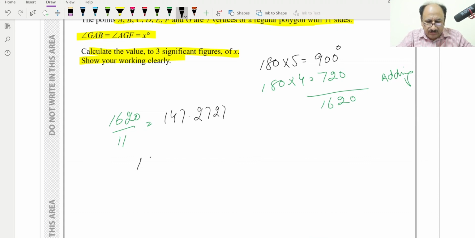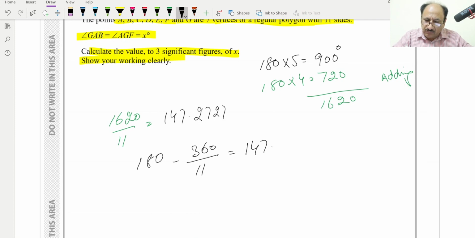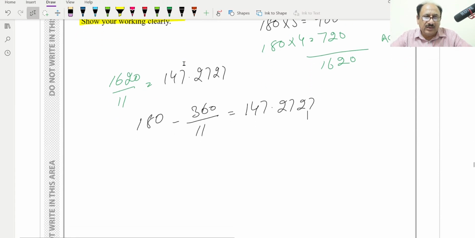We can write 180 minus 360 divided by 11, which will be equal to how much? 180 minus 360 over 11 is equal to 147.2727, it's the same. Now what next? We can subtract from 900.